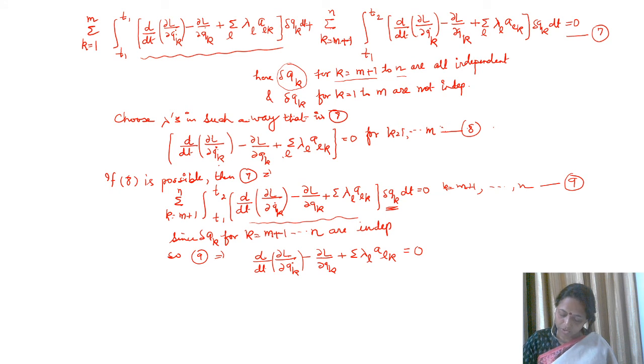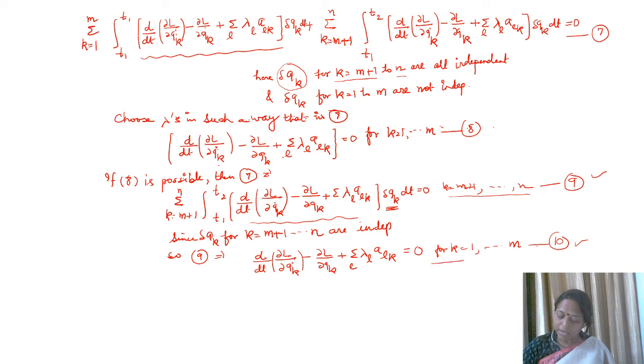And now these equations are for k equal to 1 to m. So you see that we choose some multipliers in such a way that 8 is true. And if 9 is true, then 10 is also true. Combine the 9 and 10. In 9, k is going from m plus 1 to n.